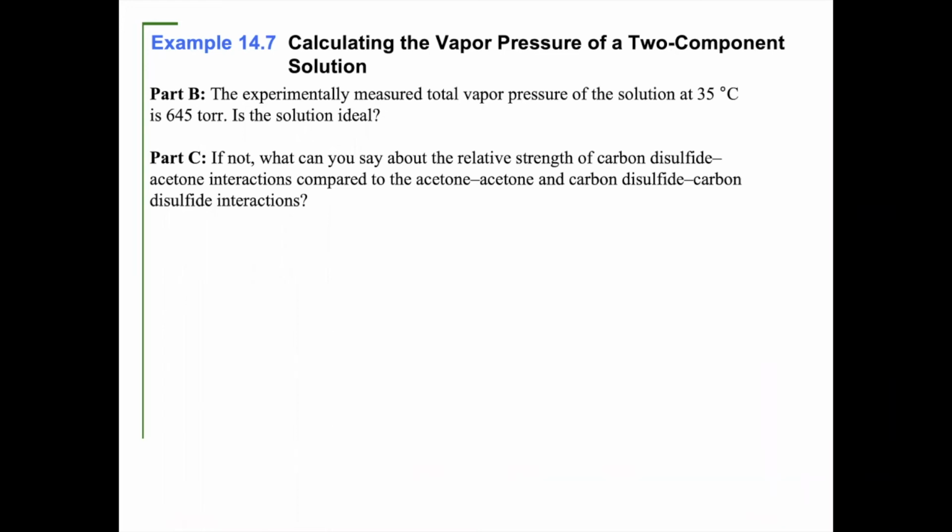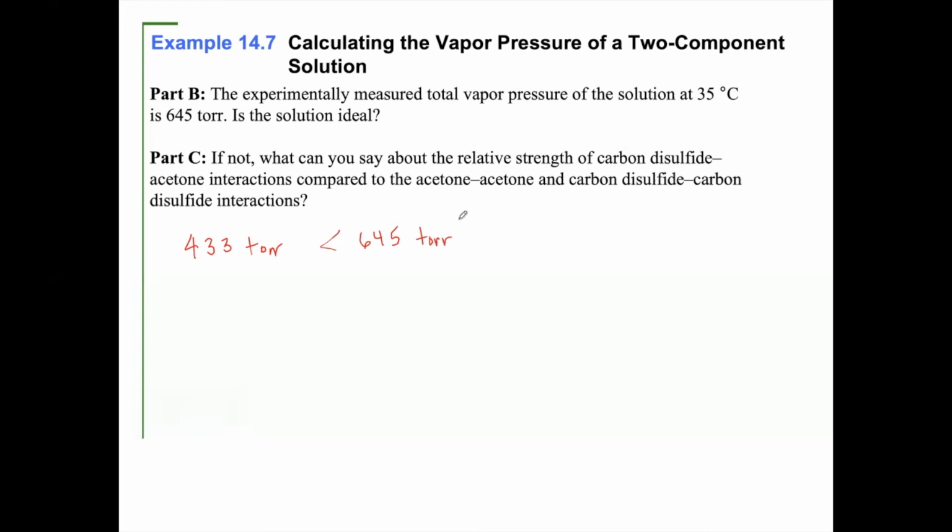What we got in our calculations was 433 torr for this carbon disulfide and acetone mixture. So that is significantly less than 645 torr, which is the actual vapor pressure of the solution.